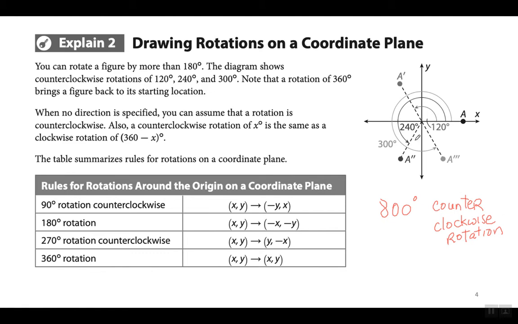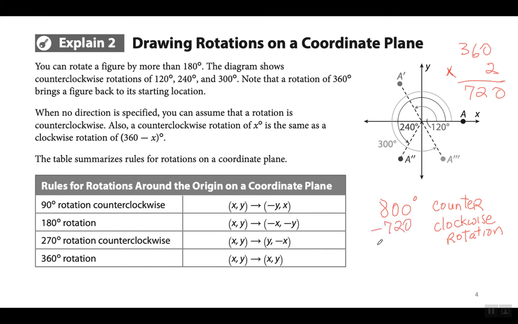First of all, we know that 360 puts you back in the same spot. And if I do 360 again, if you multiply 360 times 2, that's multiplication, you're going to get 720. So 360 puts me back at the same spot, 360 again, which is a total of 720, I'm back at the same spot.